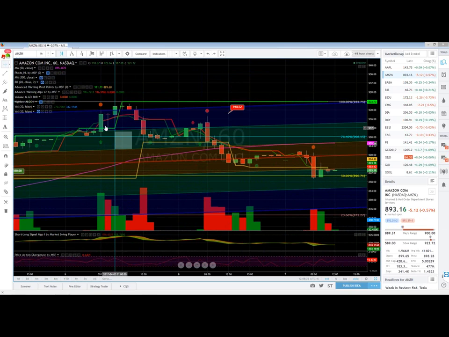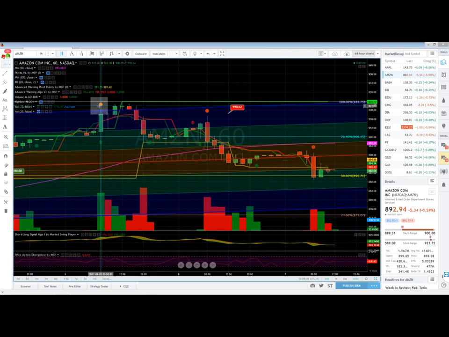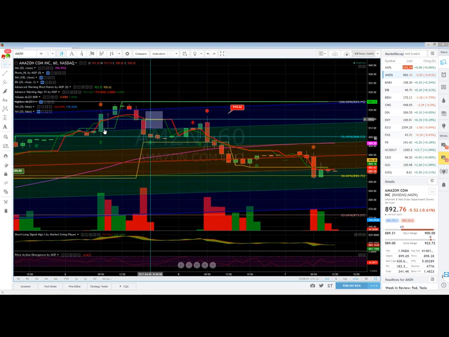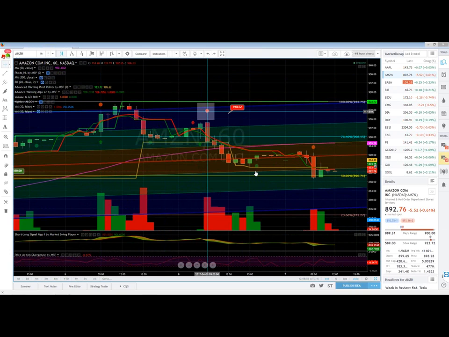The color does not mean bullish or bearish. What matters is if price is near support or resistance when a dot comes out. So we could see we were near support. Another one came out near resistance. Support, resistance.